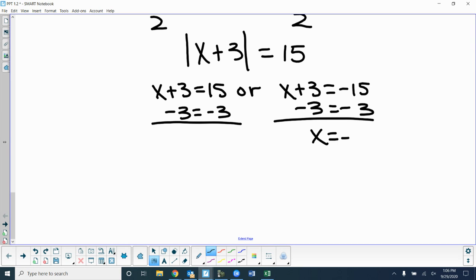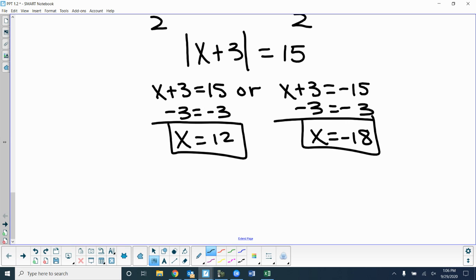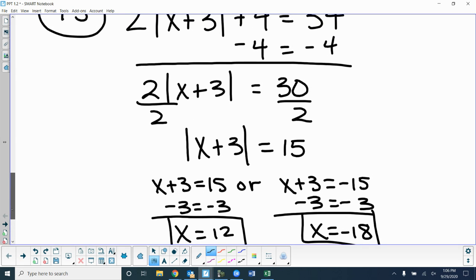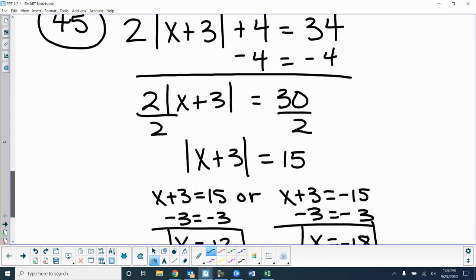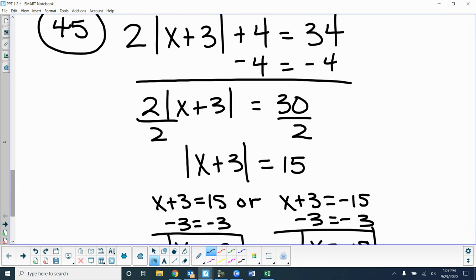So negative 18 is one answer, and 12 is the other. So if I went back to the original problem and put 12 in for x or negative 18 in for x, we'll get 34. Okay? Remember, absolute value, 2 problems, 2 answers.